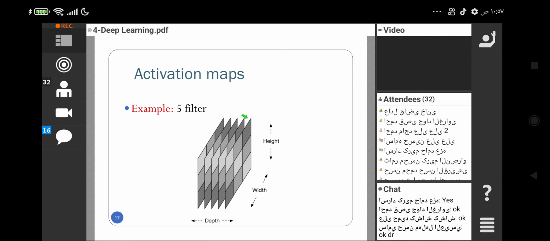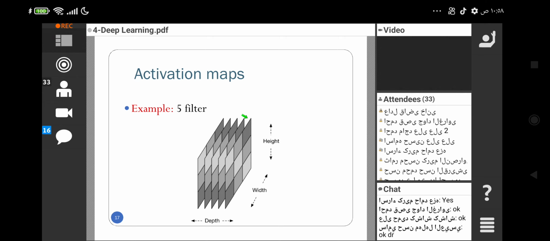Before I continue my subject, I should say one important note about this CNN. As you remember, in the neural network, the parameters and the unknown values of the models were the weights. Do you remember that?